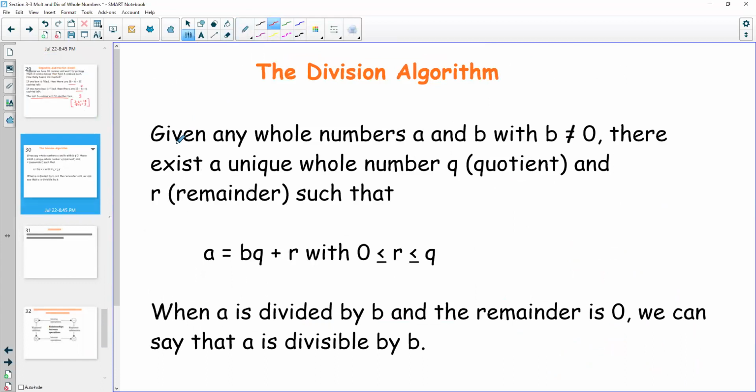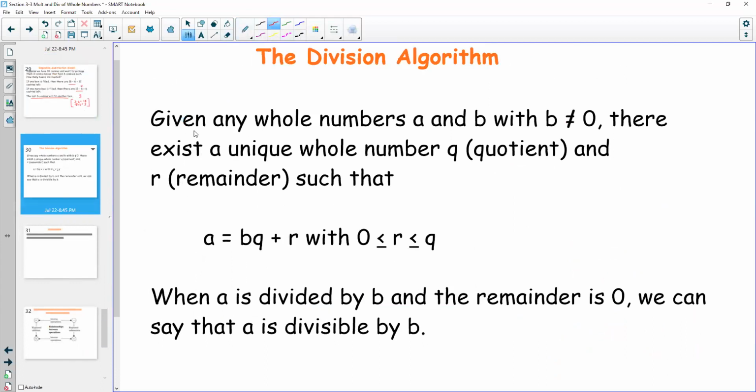All right, so the division algorithm technically says that given any whole numbers A and B, where B can't be 0, there exists some number Q and a remainder such that A equals B times that number plus whatever's left.